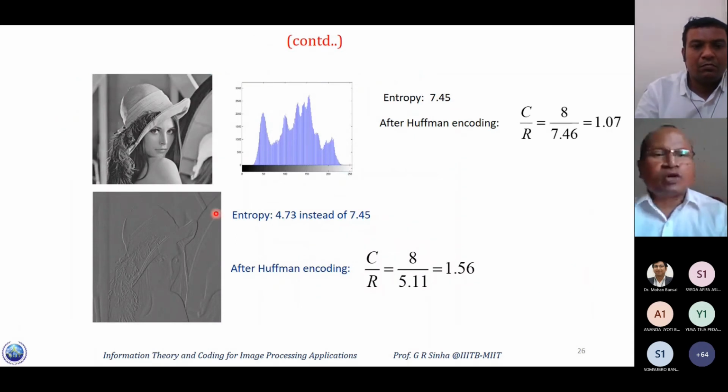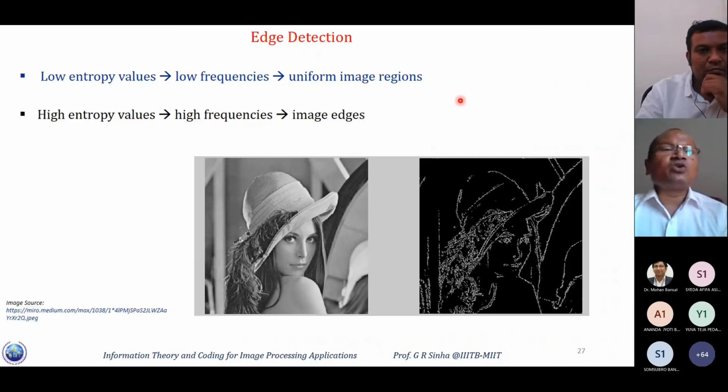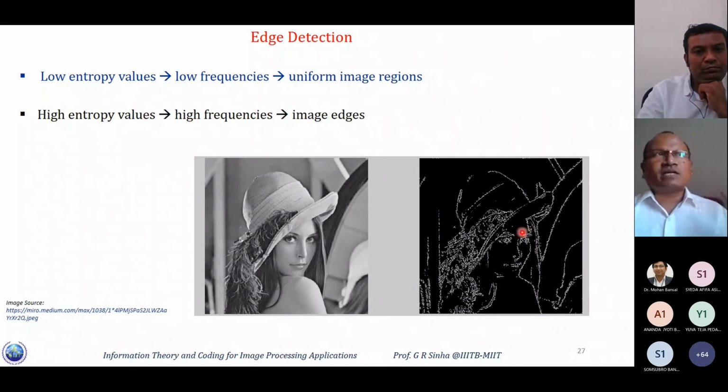So if you look at the second picture here, it's almost smooth. You see here, the grayscale value is almost the same. It's completely gray. The difference is very less, and therefore the entropy is less. And when you see here, entropy is higher. Why? Higher entropy values are there in high frequency content like this, where the contrast difference is more.